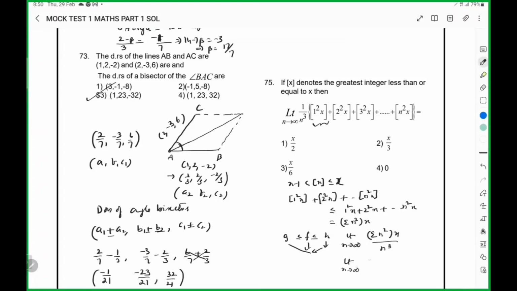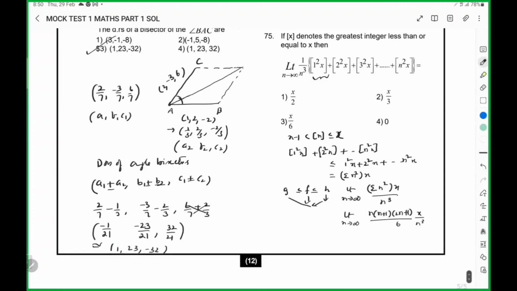Limit n tends to infinity of sigma n square is n into n plus 1 into 2n plus 1 by 6, times x by n cube. Yes, this will be n cube. Then we take the ratio of the coefficients of the highest powers, 2 by 6, which is 2x by 6, which is x by 3.